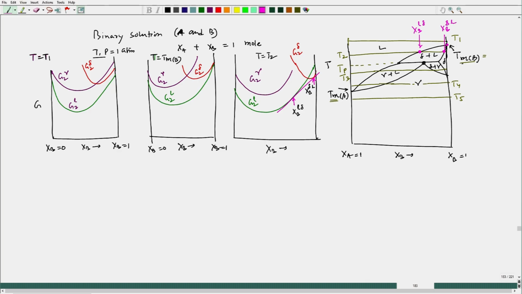Now, if I do it at T equal to TP, which is the peritectic temperature, I will have a plot like this.